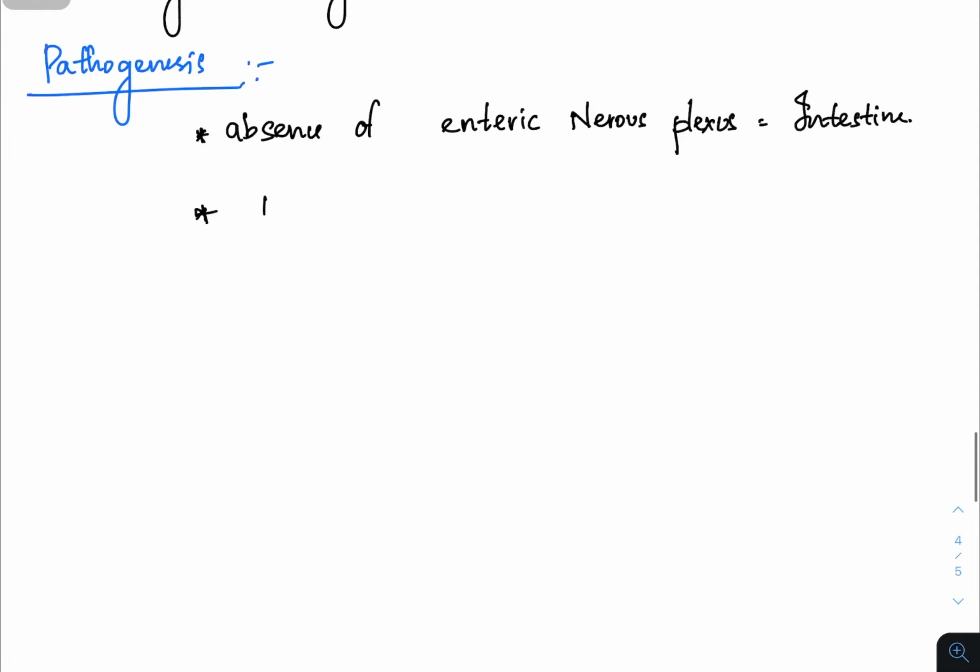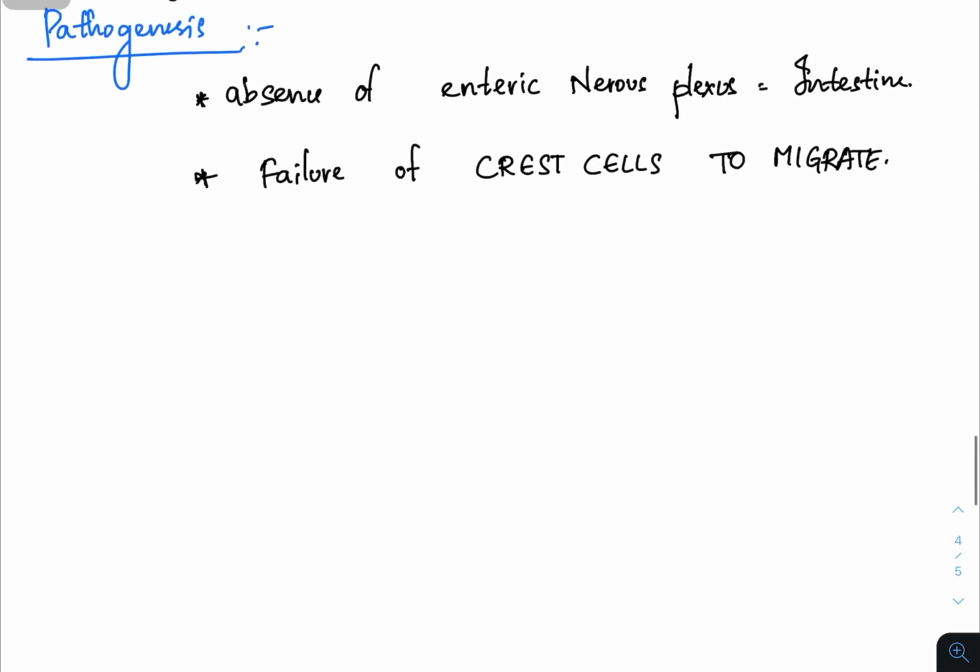Why did the enteric nervous system not form? Because of failure of the neural crest cells to migrate.